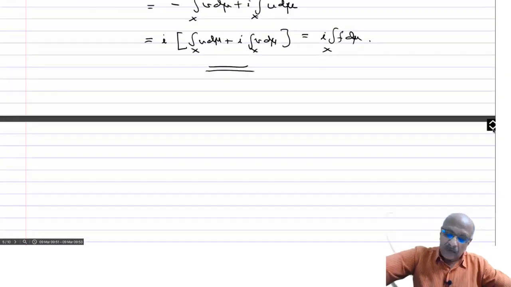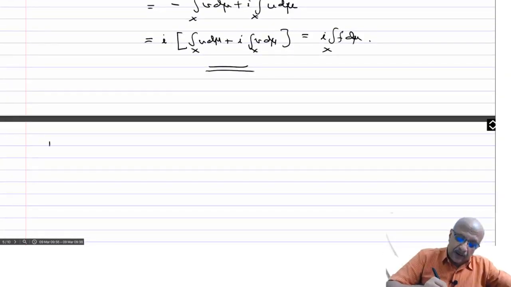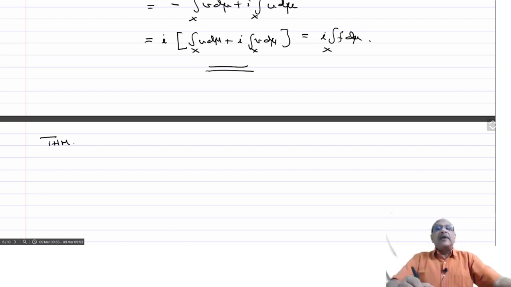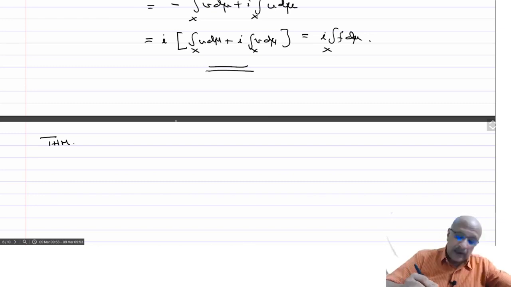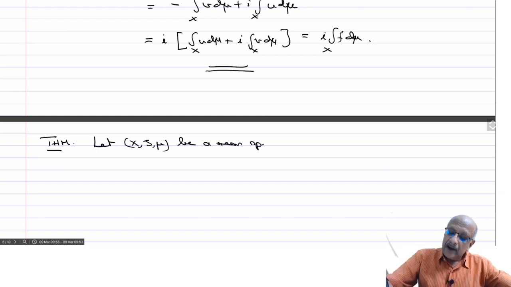The next theorem which we are going to show is again very important, because every time we want to estimate an integral, this is the first step which we will use. So let X, mu be a measure space and f a complex valued integrable function.